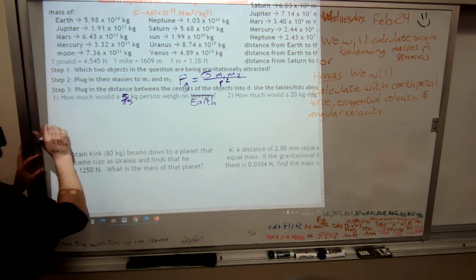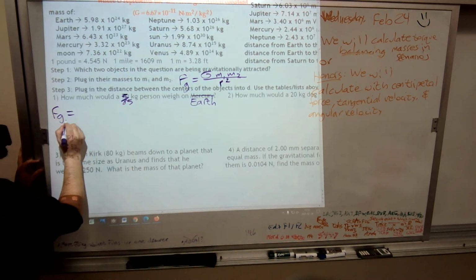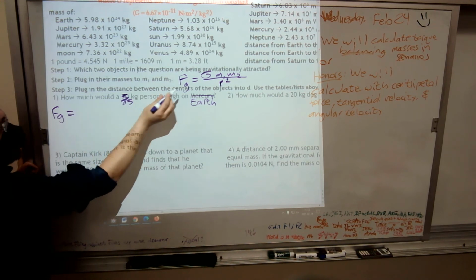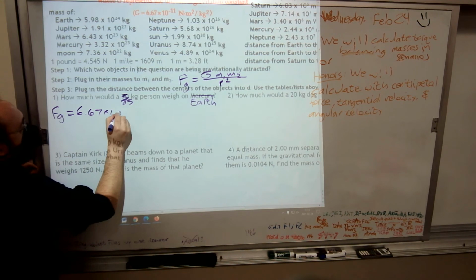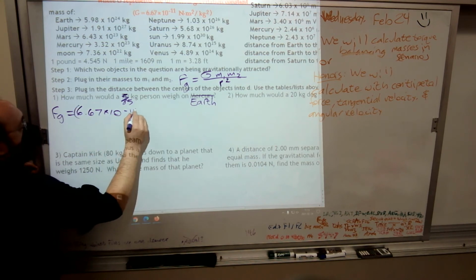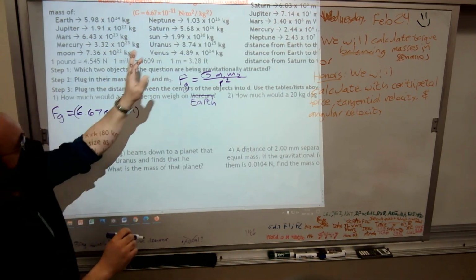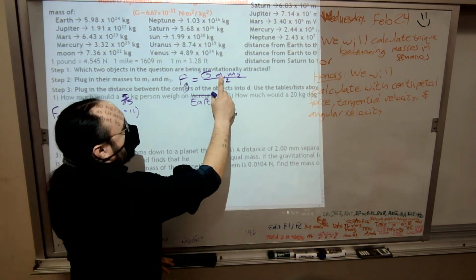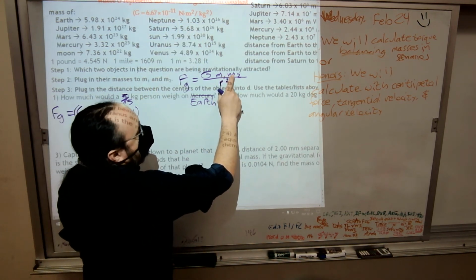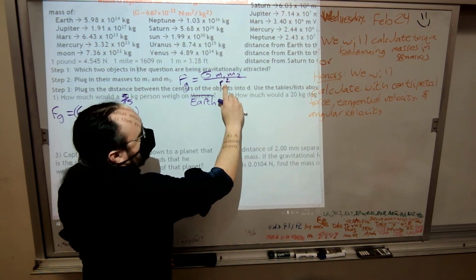So let's try it out. Calculating my weight, that gravitational constant is 6.67 times 10 to the negative 11. I'm not going to write that huge unit. That's all that is, units. Because you have mass and mass up here, it's kilograms times kilograms, and then meters times meters down here.